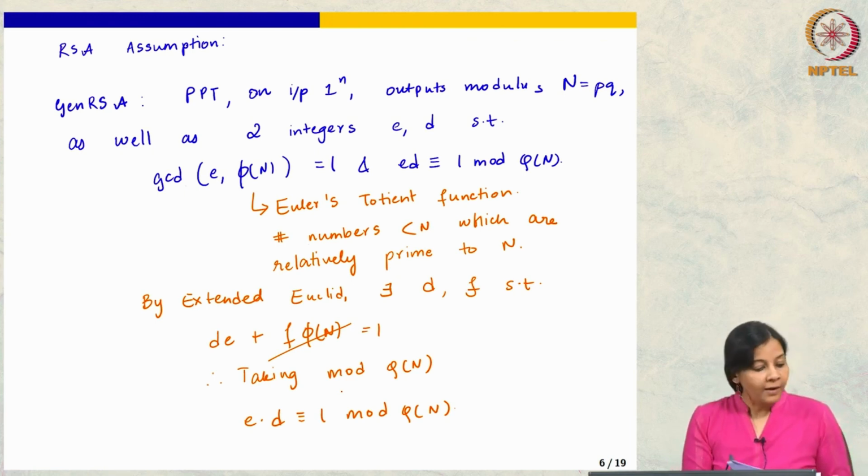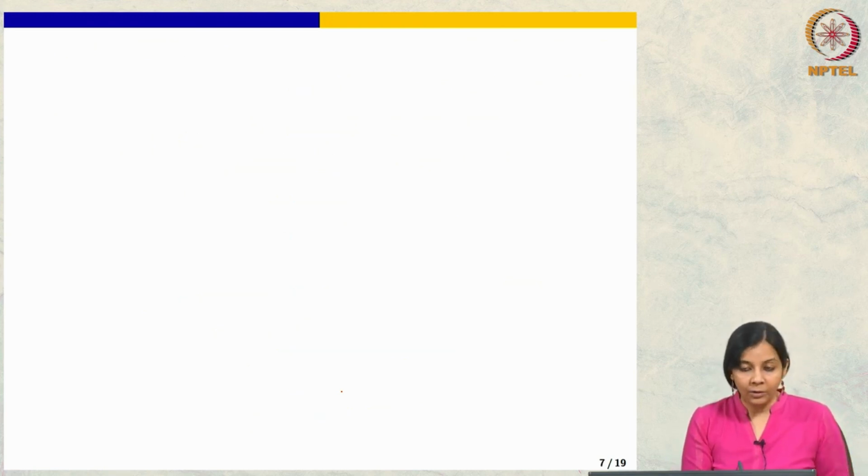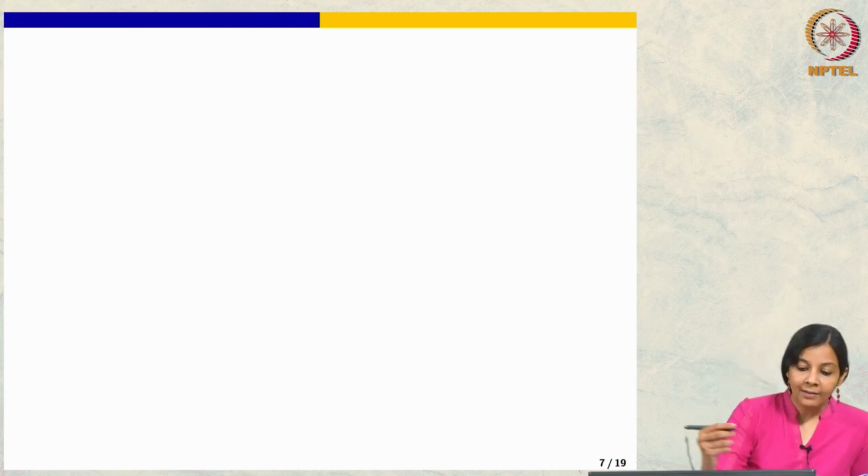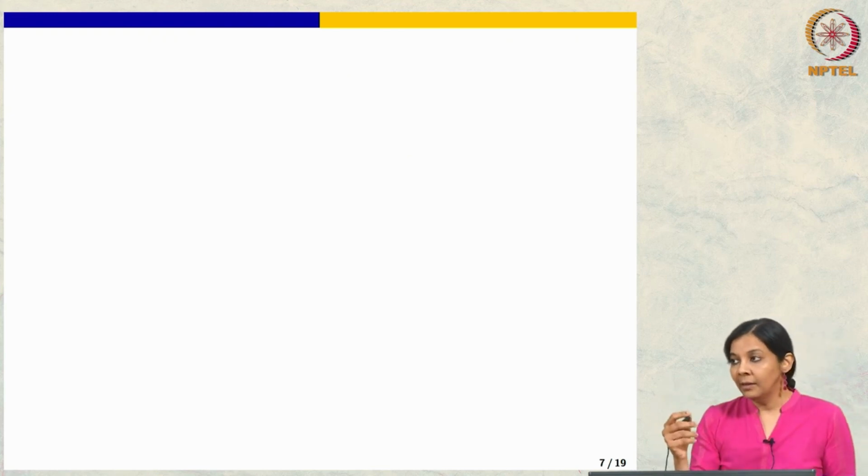So now, having defined a gen RSA algorithm, we will proceed as in the case of factoring to define this RSA problem. So we have to define the RSA assumption.